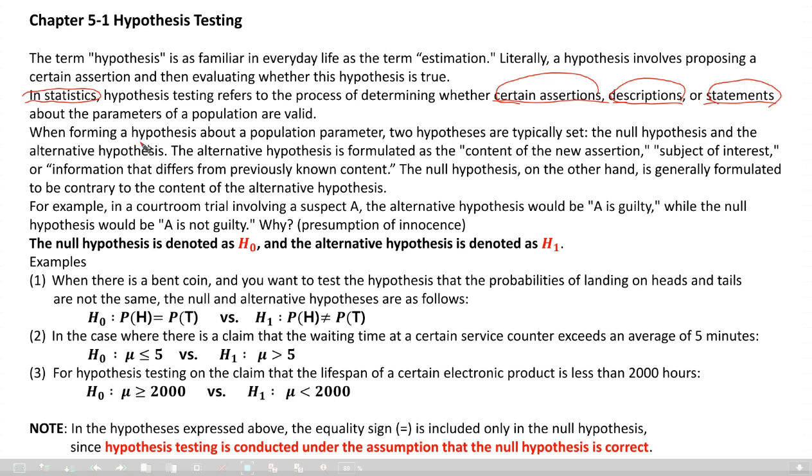When forming a hypothesis about a population parameter, two hypotheses are typically set: the null hypothesis and the alternative hypothesis. First, the alternative hypothesis is formulated as the contents of the new assertion, subject of interest, or information that differs from previously known content.